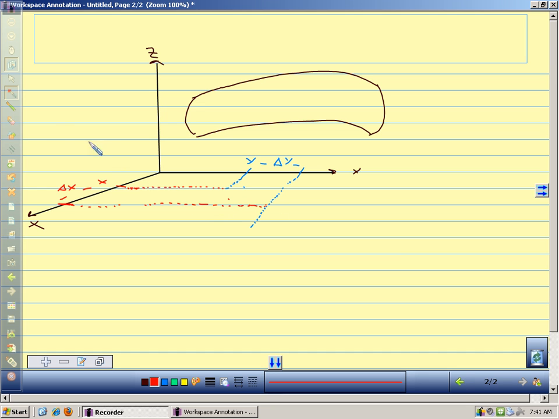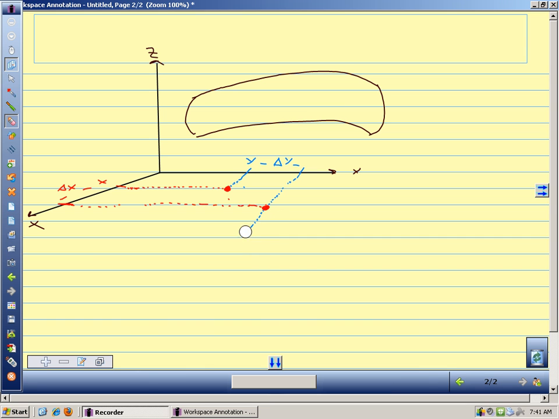So we want to know how our function changes as we go from this point for x and y to this point.